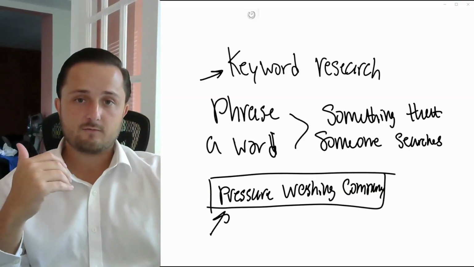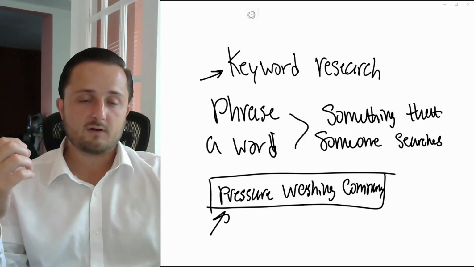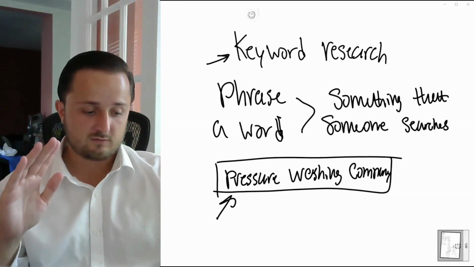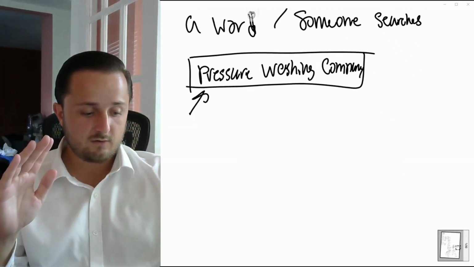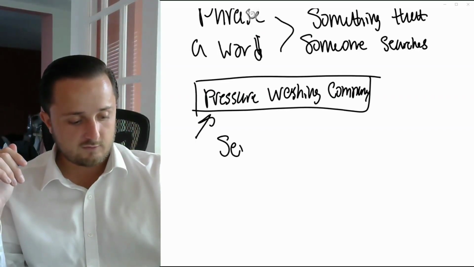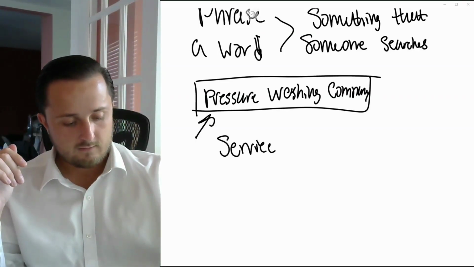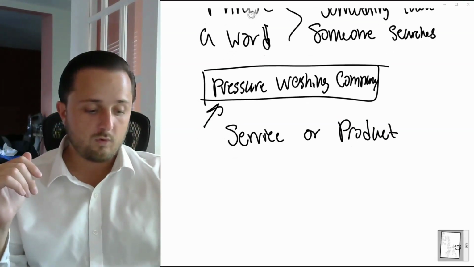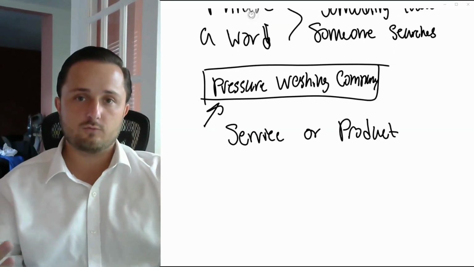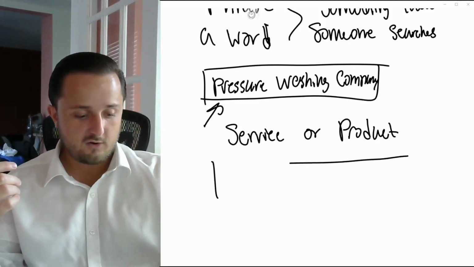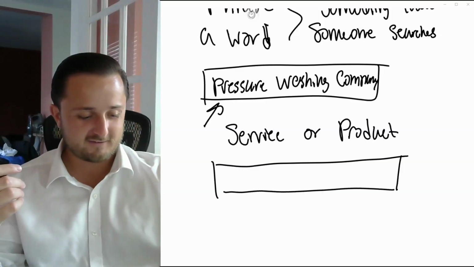We can take data from third-party platforms, third-party data providers, basically people that track this keyword research. And we can see, okay, when somebody is looking for a very specific service or a very specific product, what are they typing into Google? How are they searching, right? What goes in this little box?